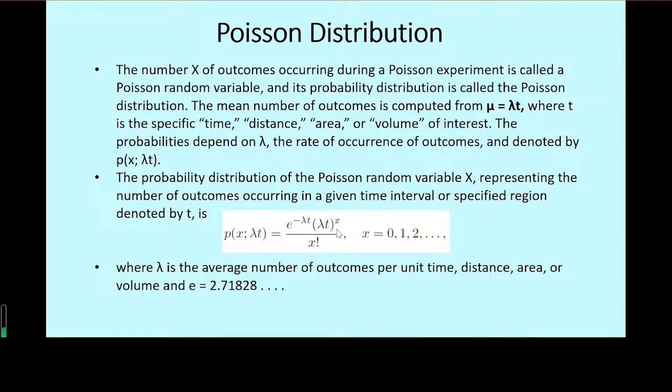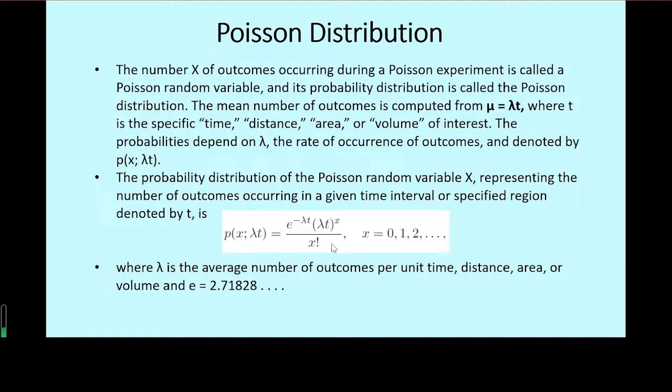And in the numerator part, the multiplication of 2 parts. The first is the power part, which is negative lambda t. So lambda t is also this mu. For example, we know on average 1.5 occurrences in 1 hour. So for 10 hours lambda t will be 15 here. So the next part is also 15, and the power is 2 here.